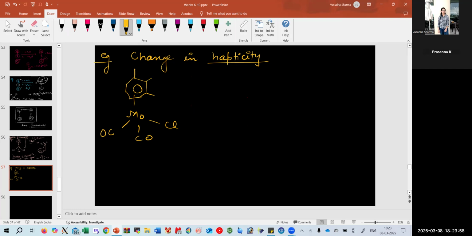So in this particular case, when we are taking a ring over the system, it's eta 7. That means 7 centers are involved.